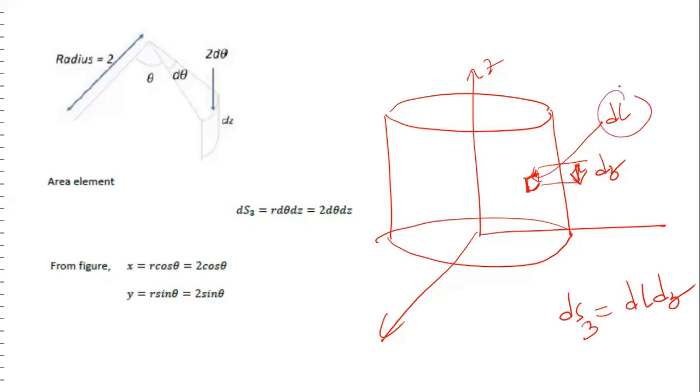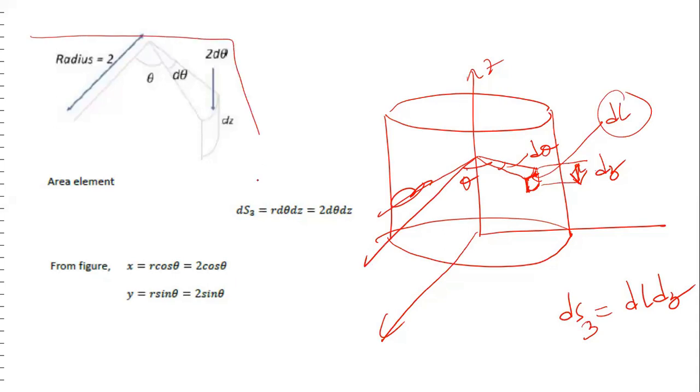So what is dl? In order to find dl, we consider this as theta, and we consider this as d theta. That's what we do, right? So if this is the picture, the radius here is 2. I hope you can see the picture I redrew here.